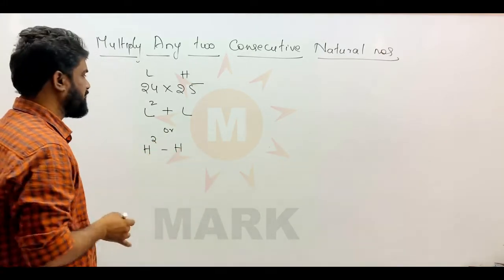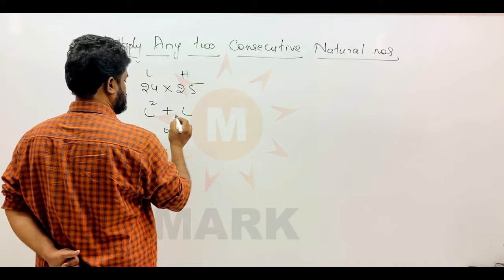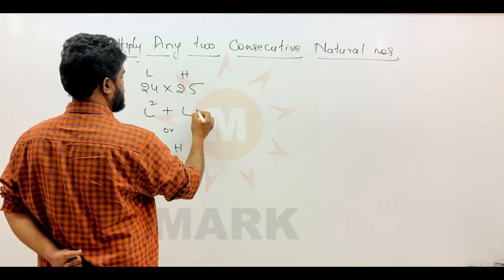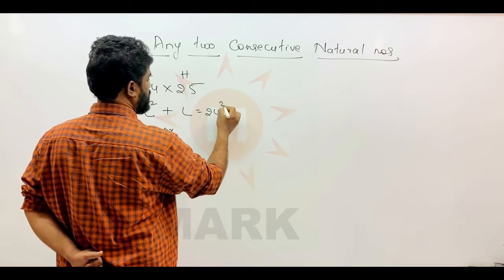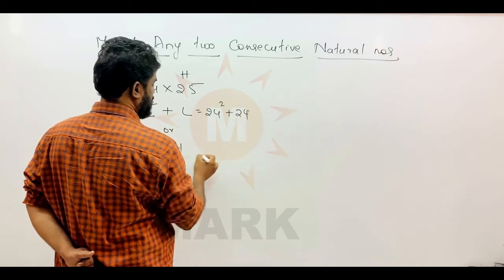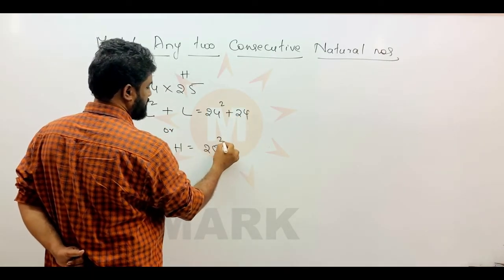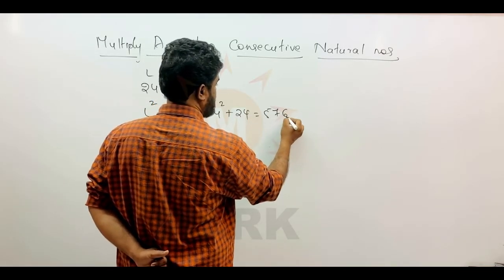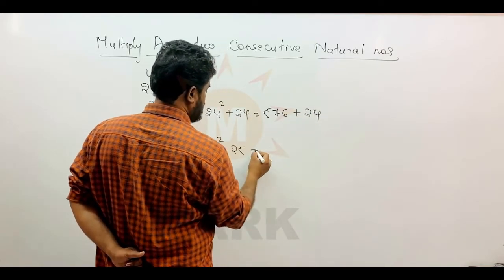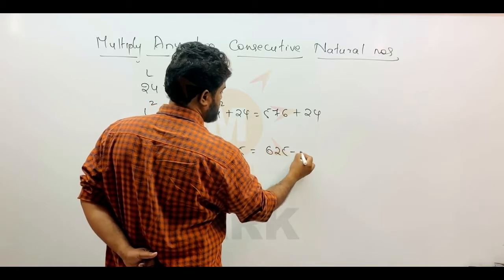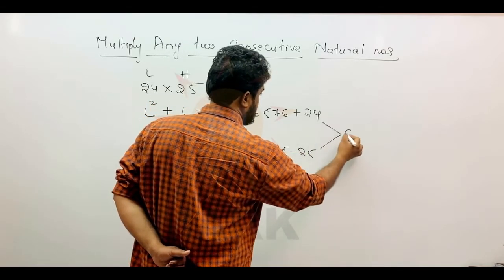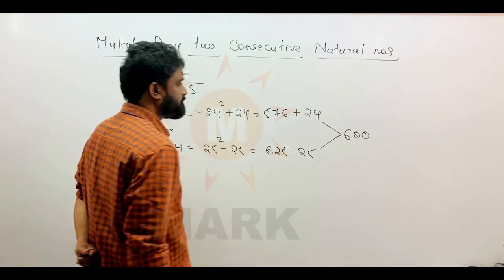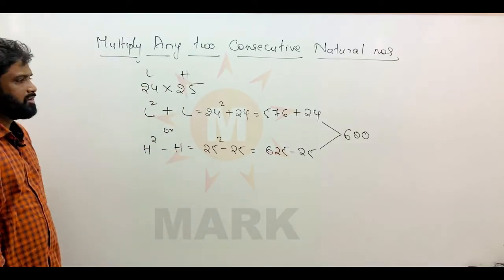That means you can do 24 square plus 24, or else 25 square minus 25. That means you can write 576 plus 24, or 625 minus 25. Both the answers will be equal to 600 only.